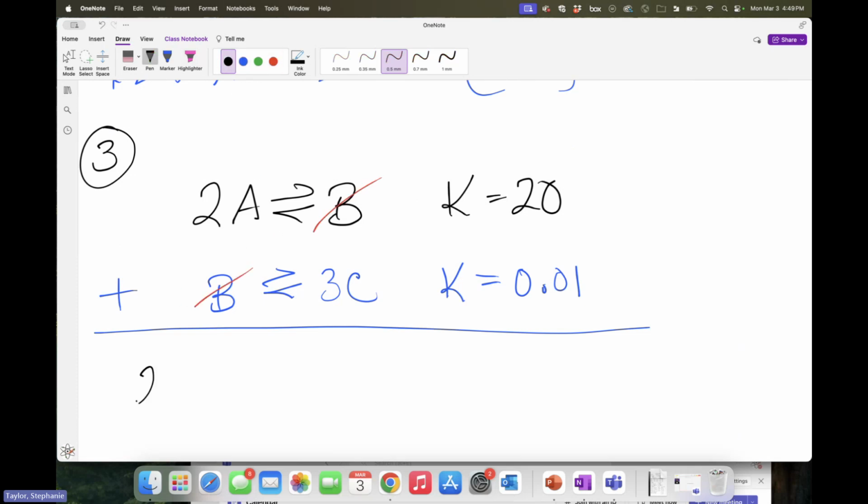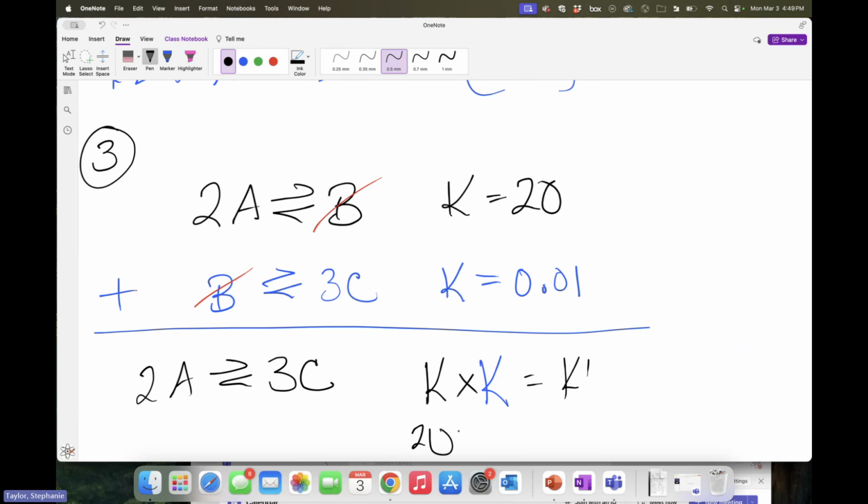I would get 2A is in equilibrium with 3C, but for my K values, I'm going to multiply those K values. So if I wanted the new K value for this, I would have to multiply 20 times my 0.01 to get my new value of 0.2.